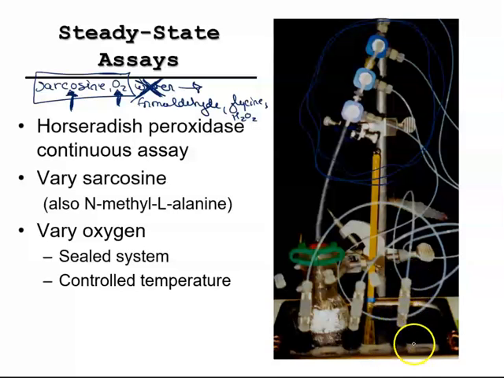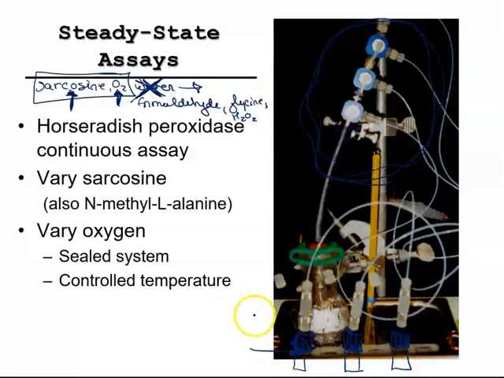And anyway, you can't see down the bottom, but these are the screw caps. These are black screw caps on the reaction cuvettes, which are here in the picture, and they're quartz cuvettes.